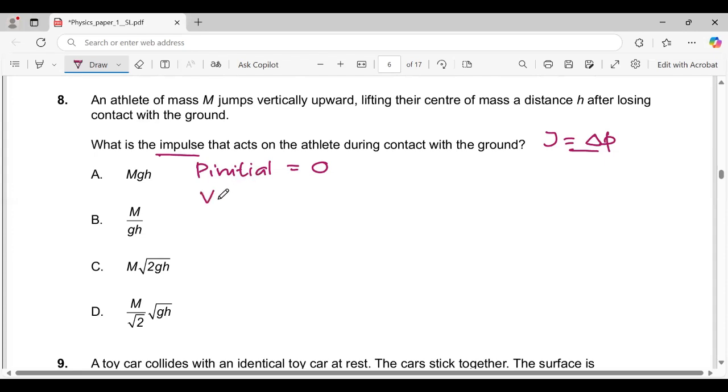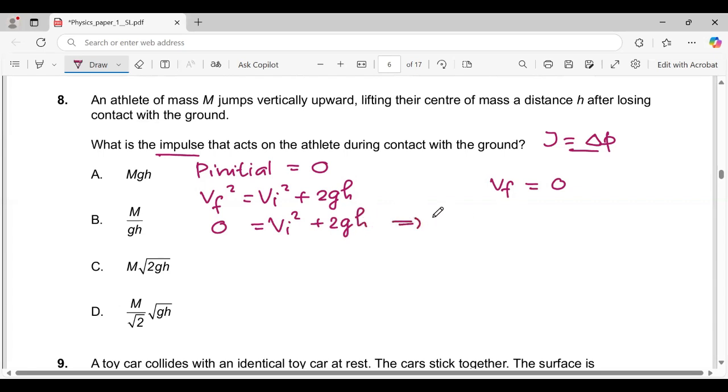The formula is the final velocity squared equal the initial velocity squared plus 2gh. Vf is the final velocity at the maximum height, which is 0. So it becomes 0 equal Vi squared plus 2gh.